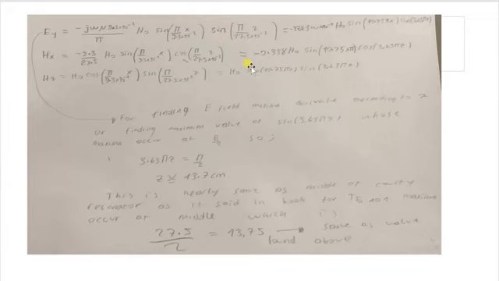I just maximize it by setting it to the sine function's maximum value, which occurs at pi over 2. According to that, I have to put my antenna at 13.7 centimeters, which is nearly the middle of my cavity resonator. So I have proved the antenna location.